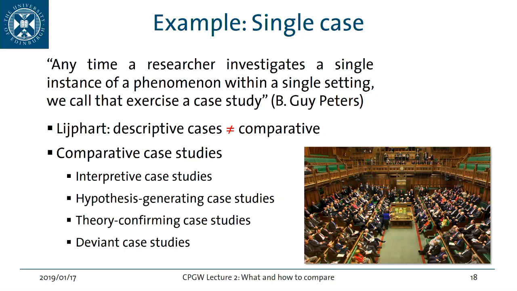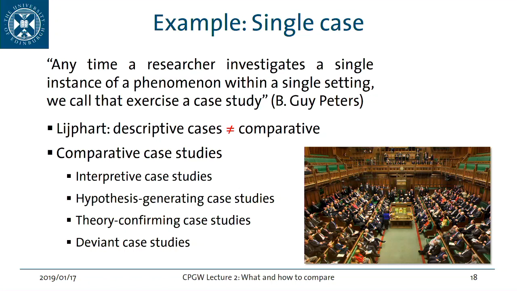Or maybe even the same country has changed its political system. Say it went from a monarchy to a democracy, and we can then generate testable explanations about why things have changed, or what that change has affected. Or, and that's a popular thing to do, we could look at deviant case studies.